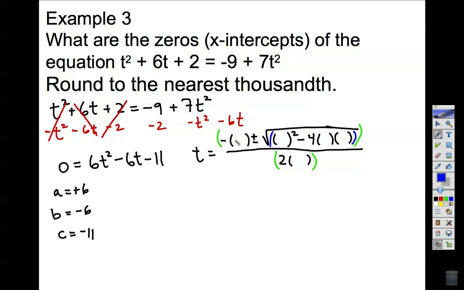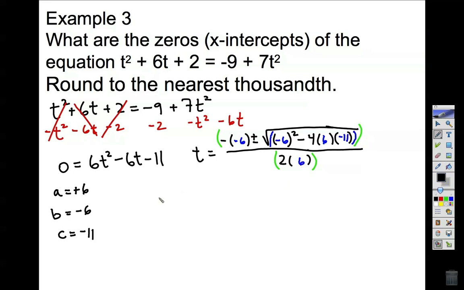Right, so in this case this is negative 6, negative 6, four times a times c, and then times a.